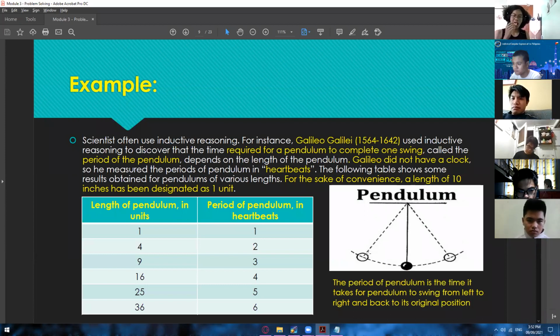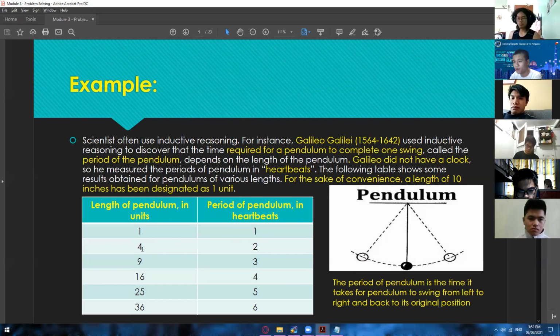That's why it's called a pendulum. Galileo Galilei measured that it will only take 1 heartbeat before it goes back to its original position. So 10 inches, or 1 unit, is equal to 1 heartbeat.